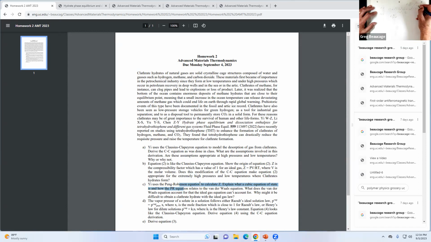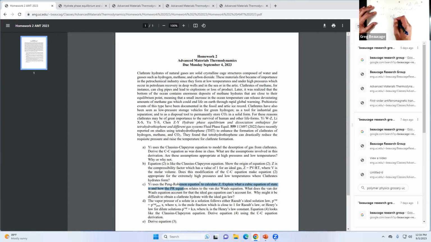That's linear. Then if you add in the minus A over V squared term, it's a binary interaction and an attraction, so that reduces the pressure. Then that becomes a cubic equation of state, even though the power here is 2.